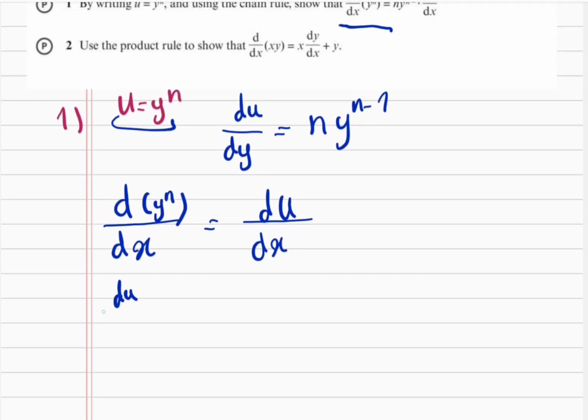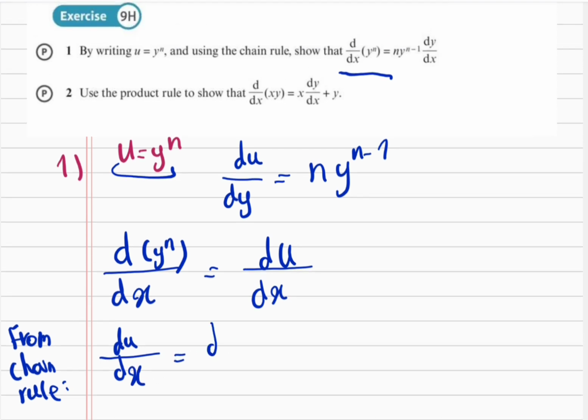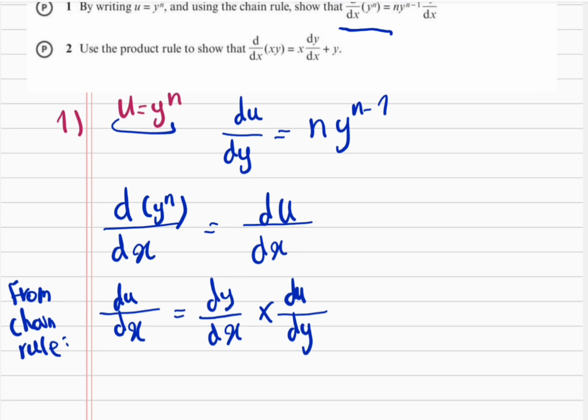On the other hand, from the chain rule, we know that du dx is equal to dy dx times du dy. This is just the standard chain rule.